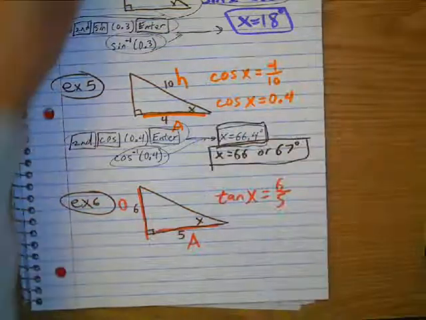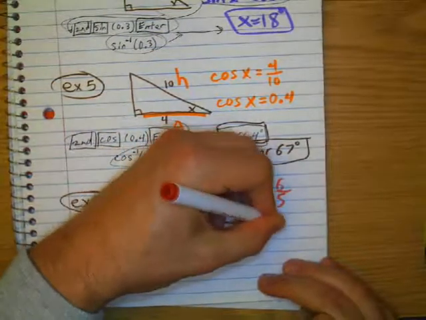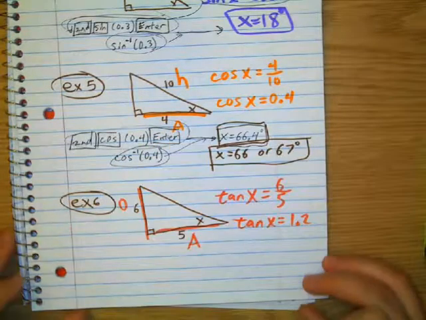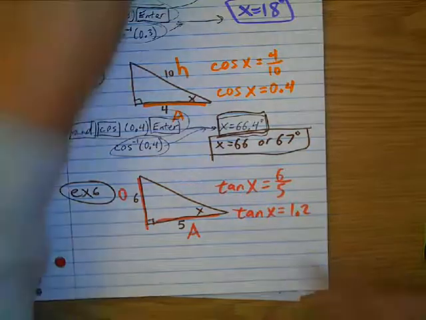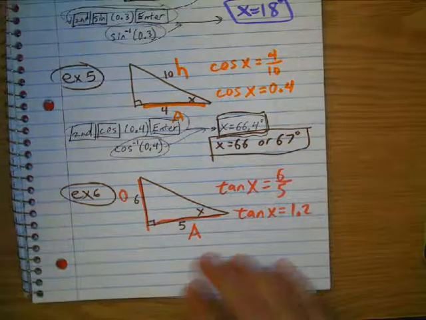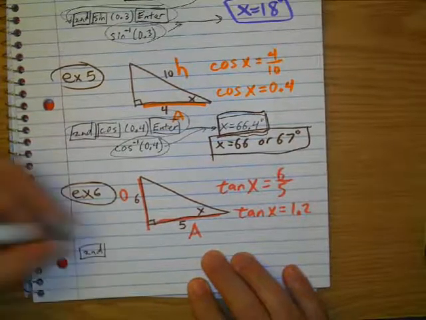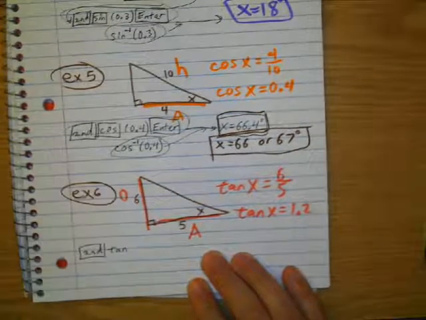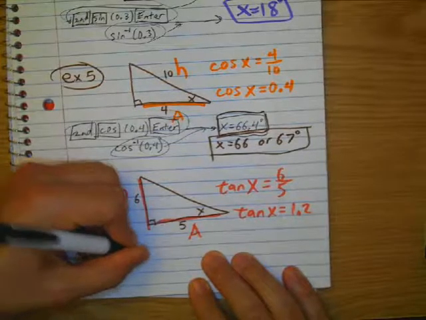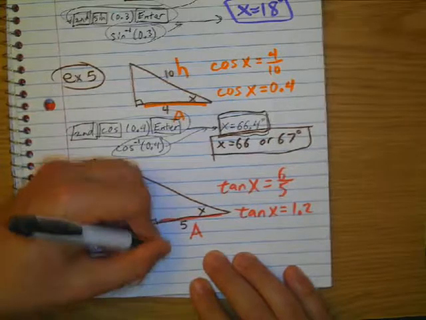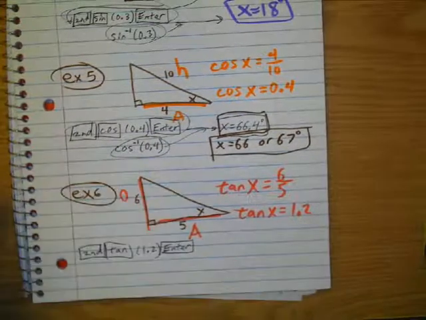So now I'm going to say tangent x equals 1.2, and so now I can use my calculator, and just like before, I'm going to hit second tan 1.2, enter, and let's do it.